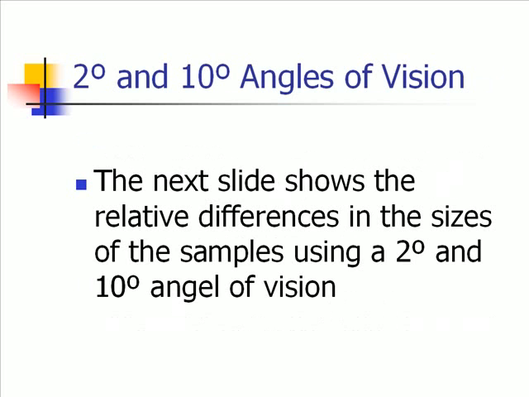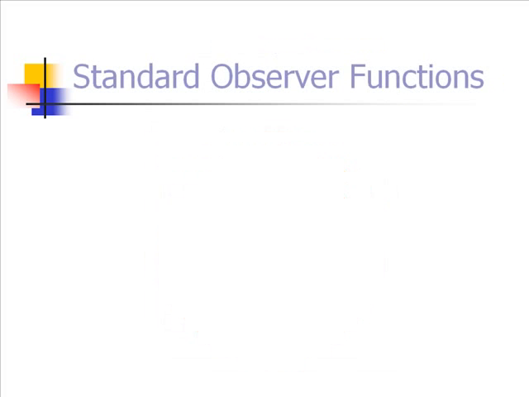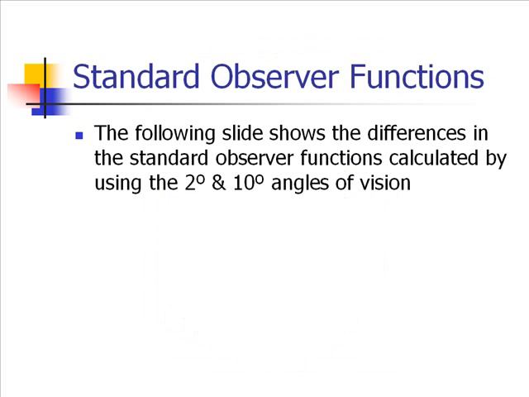If you look in your book, another good reason to have your book, you can see the actual size, see it up on the screen. The next slide shows the difference between the standard observer functions for the 2-degree observer and the 10-degree observer. There are some differences, not much difference between them. We generally use the 10-degree observer in industry, and when we do our measurements in the lab, we use the 10-degree observer.